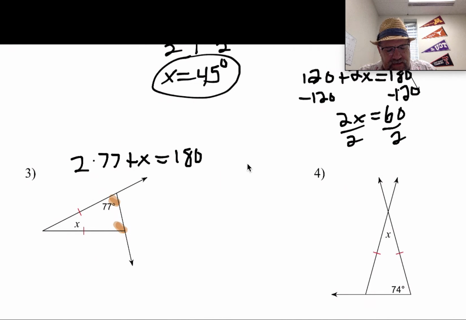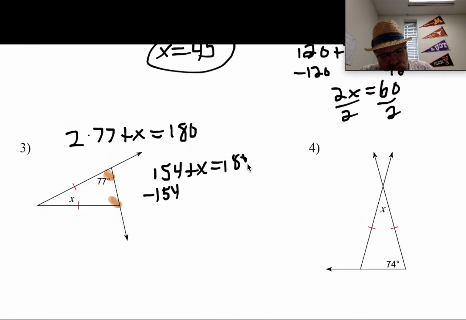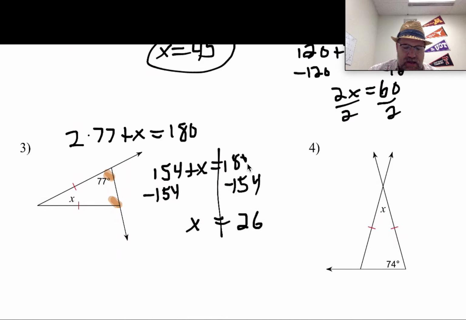Well, 2 times 77 is 154. I subtract that 154 because that removes it from one side of the equation. I now have x equals 26. And that's my answer.